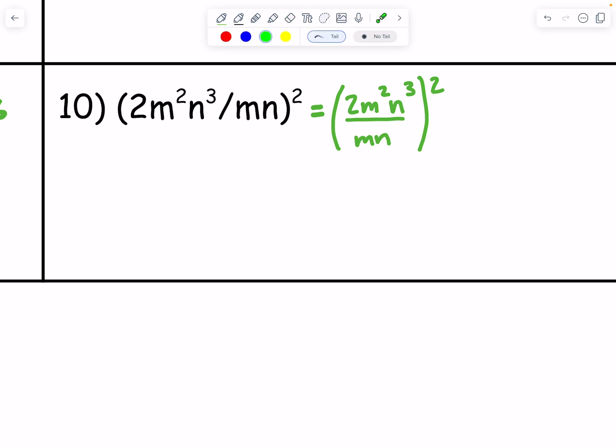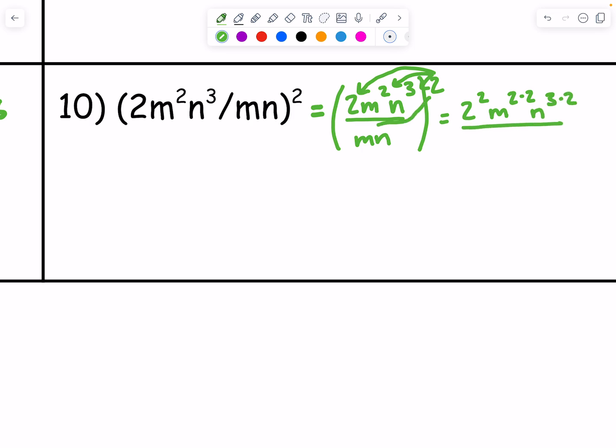So then we need to make sure we square every single element inside of that parentheses. So that means I need to square the 2. Don't forget that one. Square the m squared, so that's m to the 2 times 2 power. The n cubed, so that's n to the 3 times 2 power. Divided by, and then the m and the n at the bottom are both going to become squared.